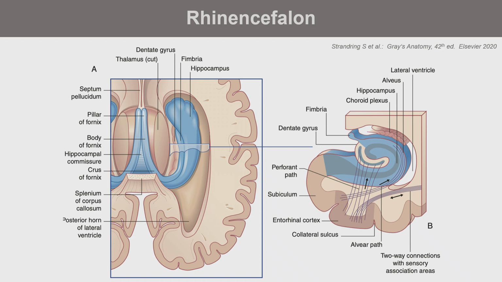So the cortical parts of the rhinencephalon are those which are localized inside the lateral ventricle and very close to it. In our brain the upper part is overgrowing, so the parietal and frontal lobes.